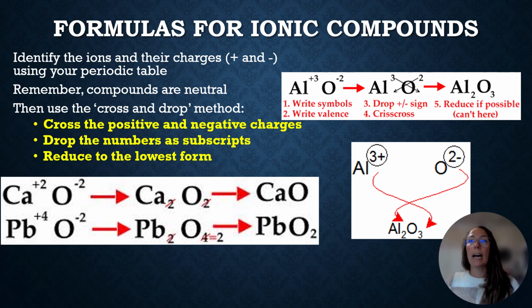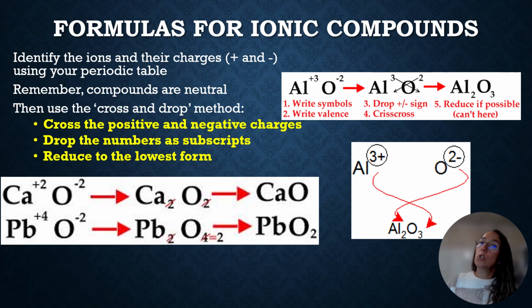So this is about not naming because we did that, but rather taking a name and writing the symbols. So if you are writing the formula, you have to look up the charges. So if it was calcium oxide, you look up the charge of calcium, it's calcium 2+. You look up the charge of oxide, it's O2-.